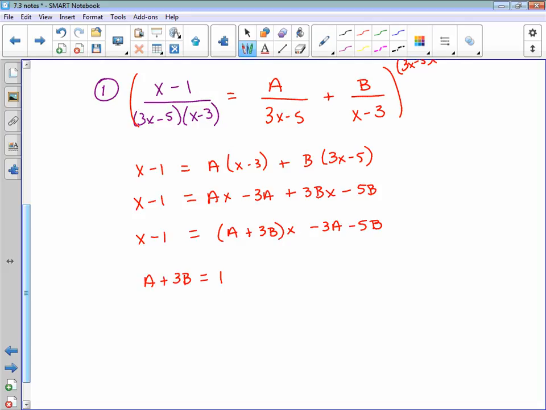So like there's not an x going on with the 3a and 5b. Okay. So what is my constant on the left side? Okay, that's the constant on the right side. And then what's the constant on the left? Okay. So you've said both parts. So negative 3a minus 5b will equal negative 1. All right, you now have a system of equations to solve.